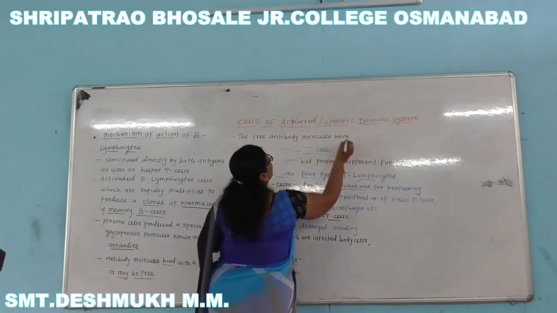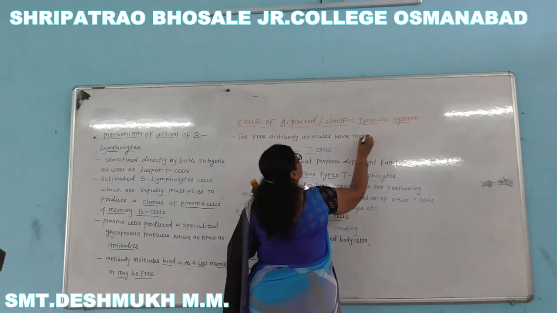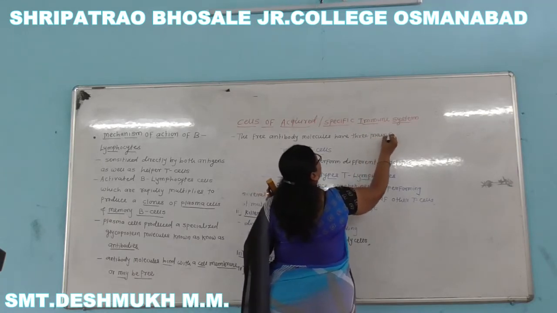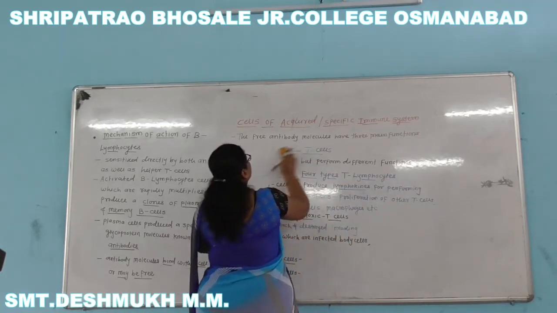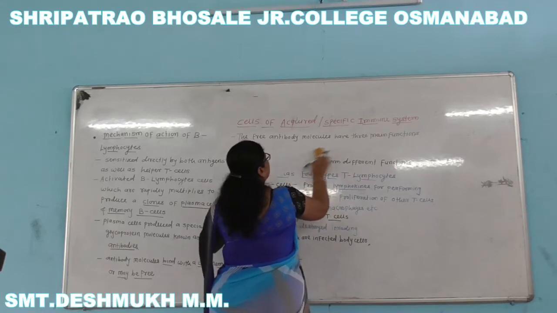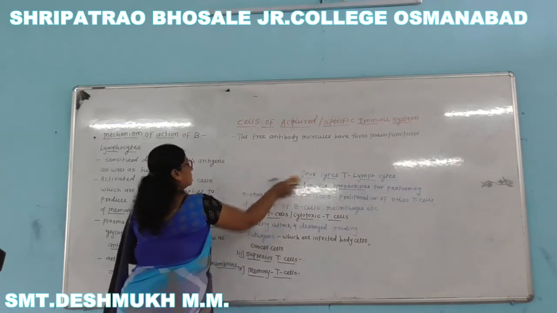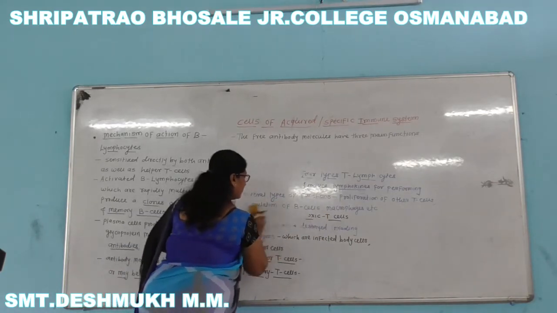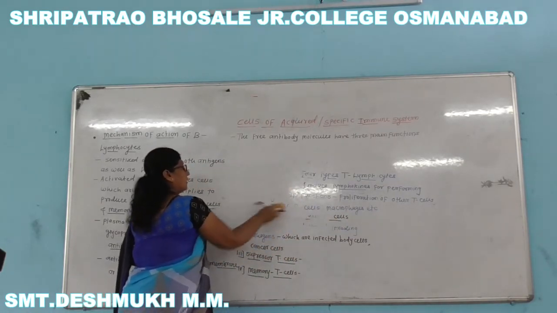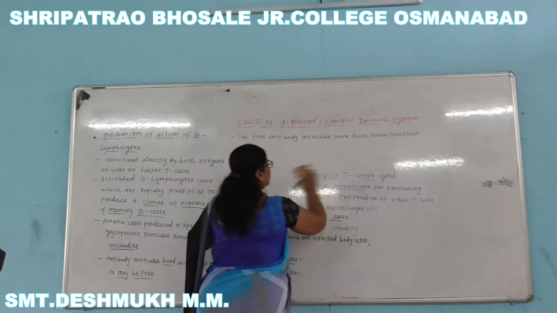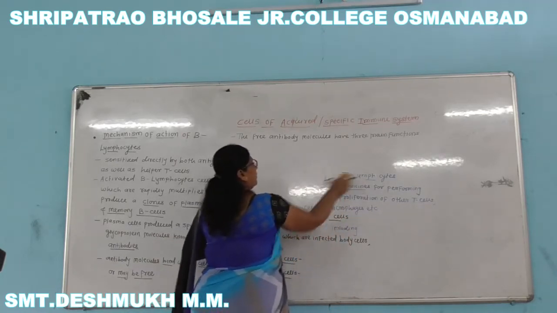These are the three main functions. First function of the free antibody molecule is agglutination.